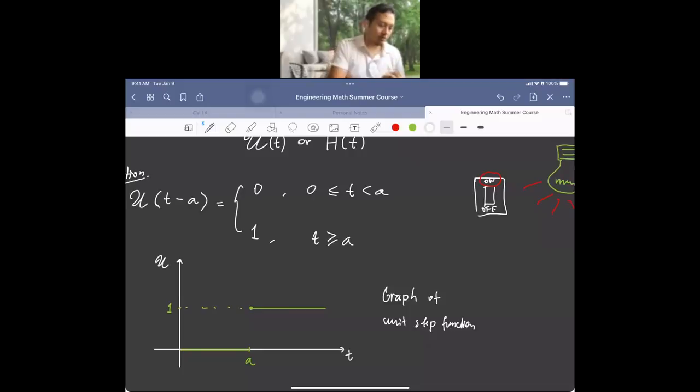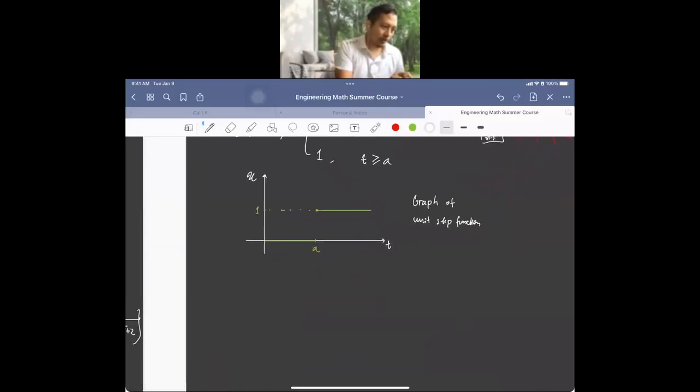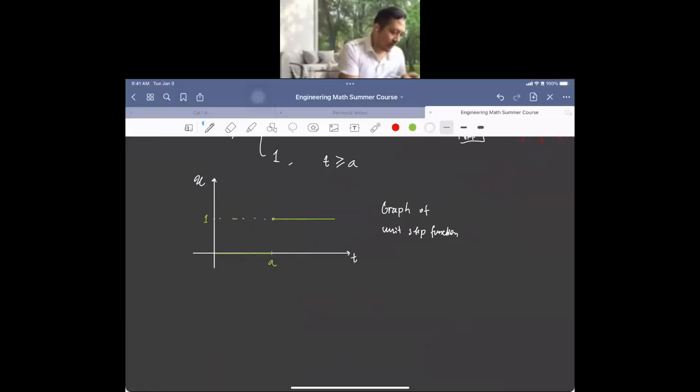Now, what happens if f is defined for t positive, and we multiply it with the Heaviside function t minus a?